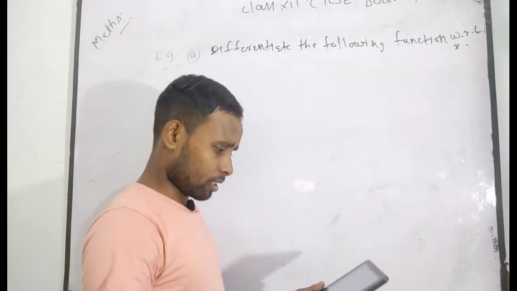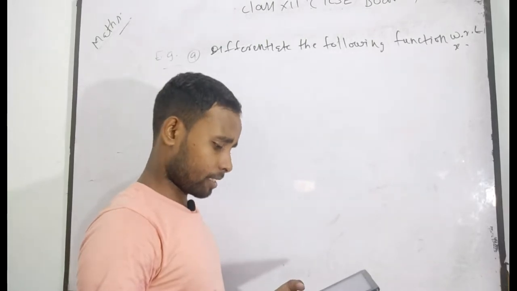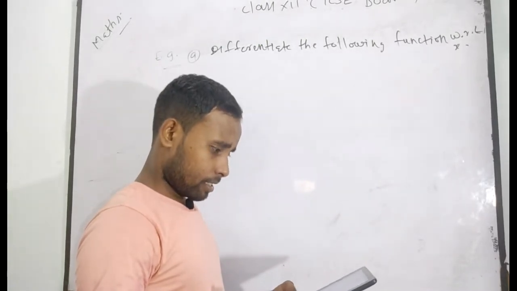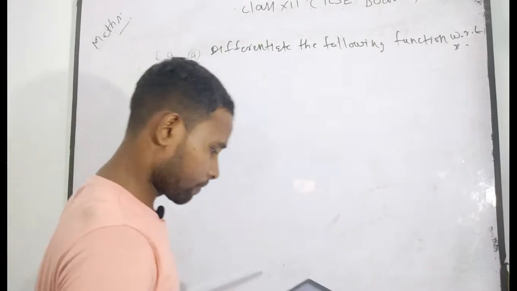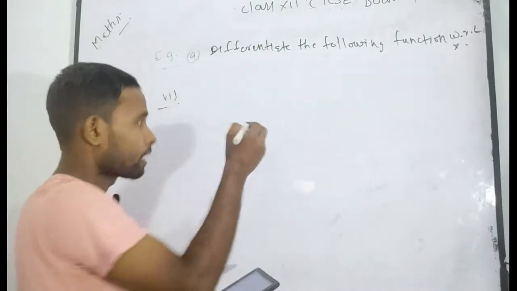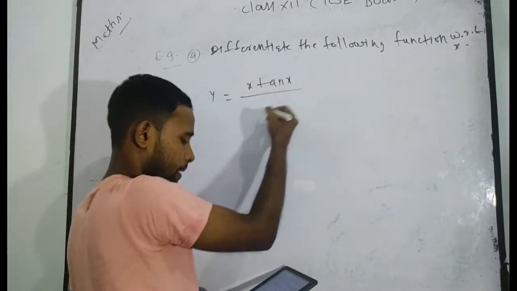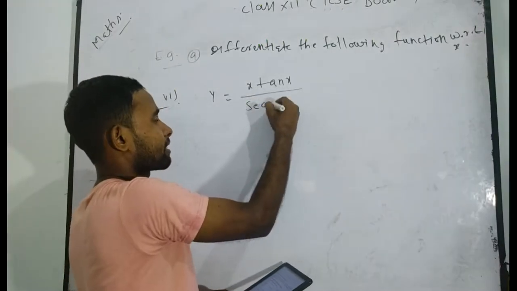Now I want to leave question 5 and take question 6. This is also very easy. See here, question 6. Here it is given that y is equal to x into tan x divided by sec x plus tan x.